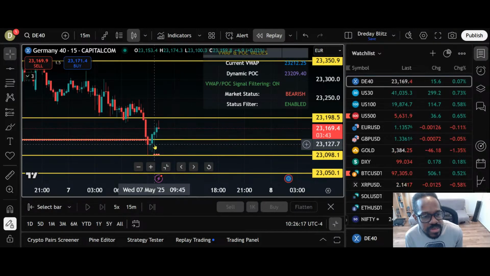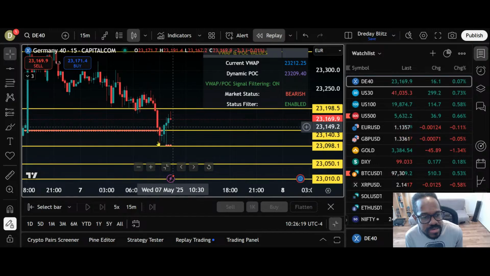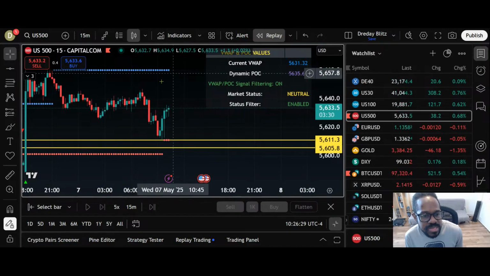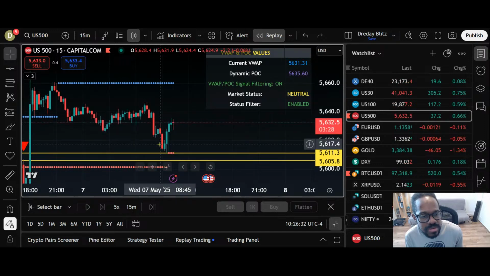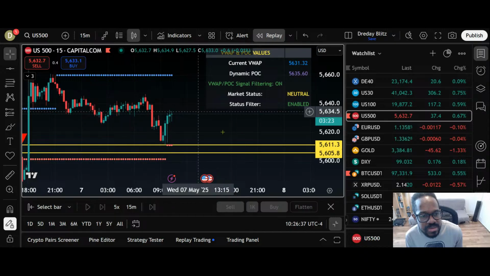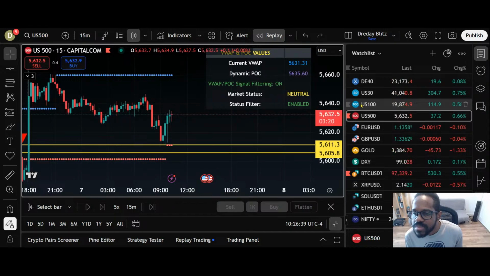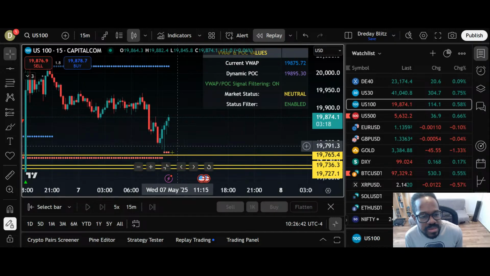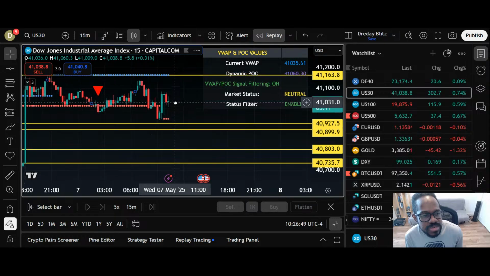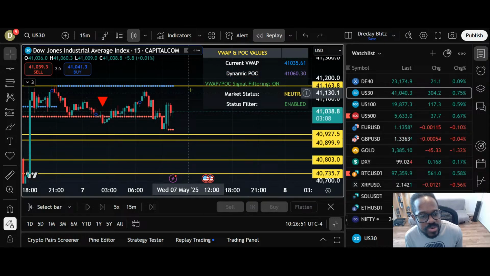So that was the zone that I was talking about, guys. It tried to tap it multiple times, and now it started to go up. So it's following the indices here to the T. Right here, S&P 500 went to that line and started to go up. Nasdaq almost tapped it, started to go up, and US 30 here almost tapped it, started to go up.